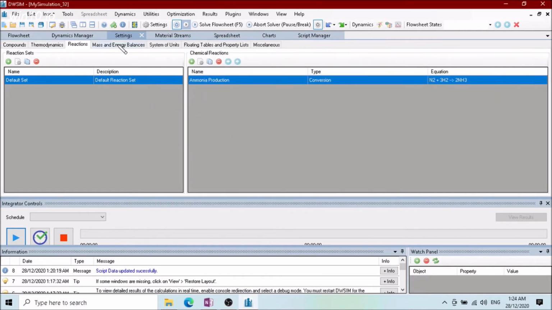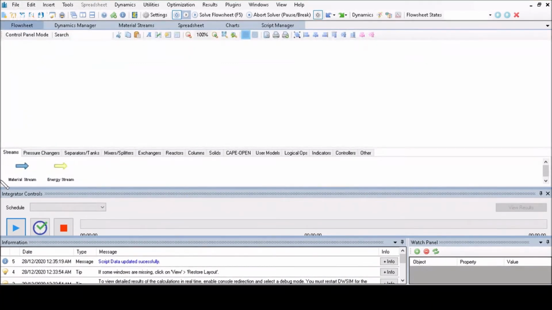Okay, so we then proceed to basically follow the diagram. Before anything else, we should stop the flowsheet from solving so that we can avoid unnecessary calculations.